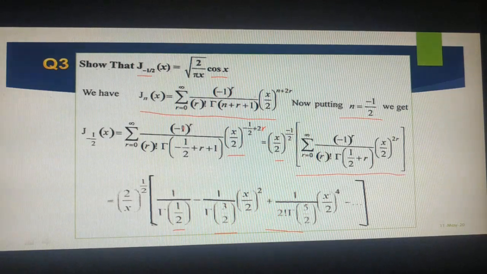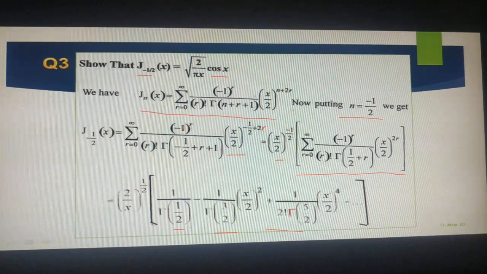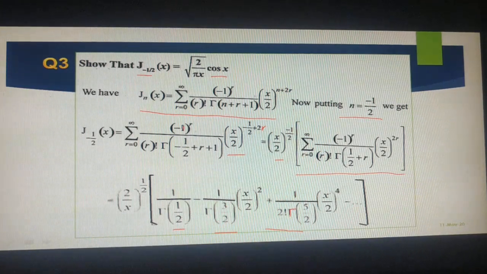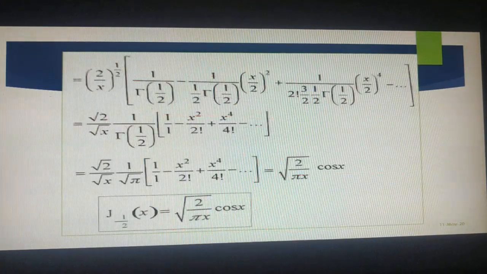Next is 2 factorial gamma of 5 by 2, x by 2 whole to the power of 4. It will continue like that. Gamma 3 by 2 you can write as 1 by 2 into gamma 1 by 2. Gamma 5 by 2 you can write as 3 by 2 into 1 by 2 into gamma 1 by 2.